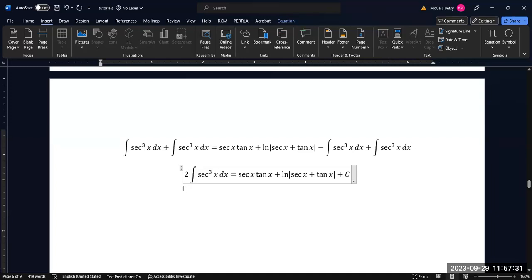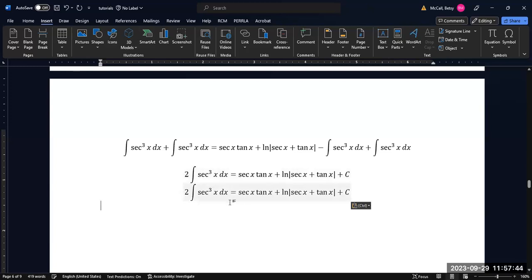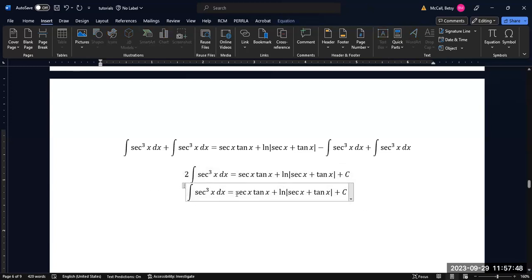At this point, just like with our exponentials and our sine and cosine, we divide everything by 2 in order to get our final answer. We put a 1/2 on this one, and we put a 1/2 on this one.